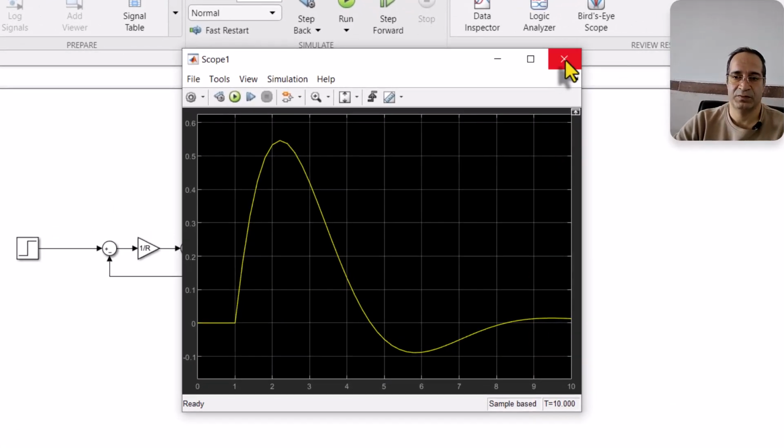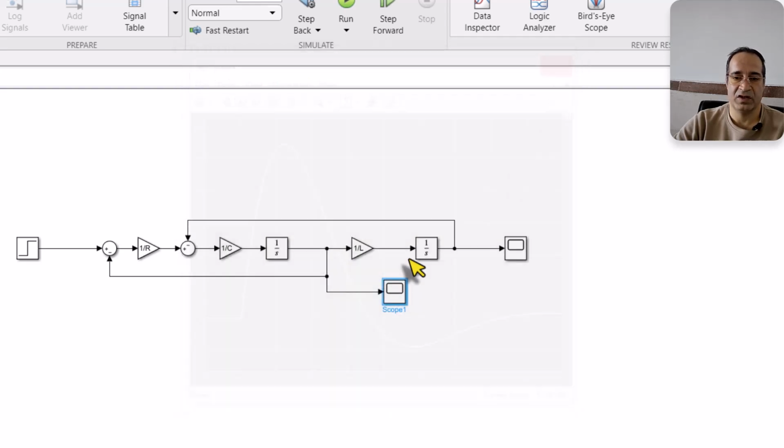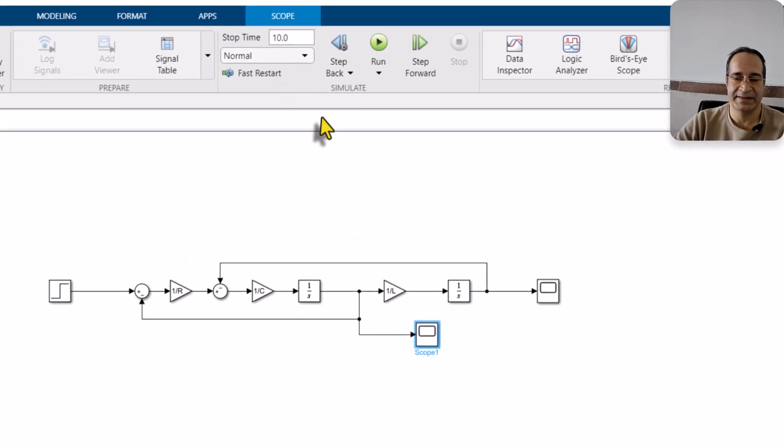And then the important point is that since L and C are very large, 1 Henry and 1 farad for inductor and capacitor are very large values, you see the output reaches the final value in more than 10 seconds.